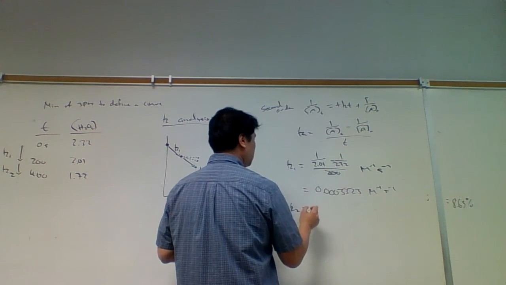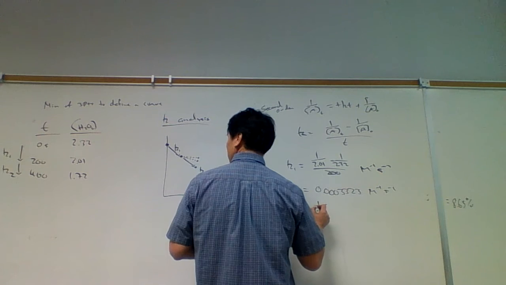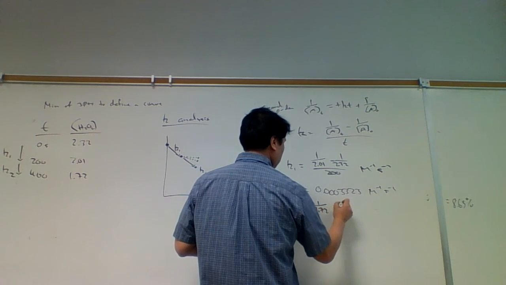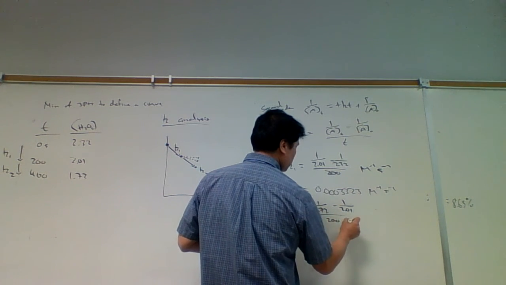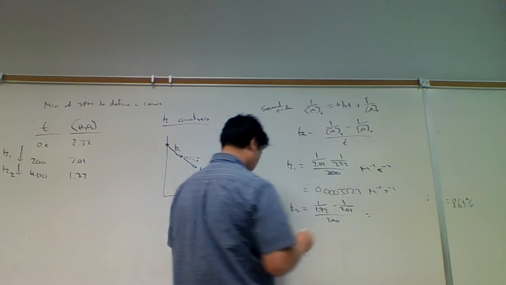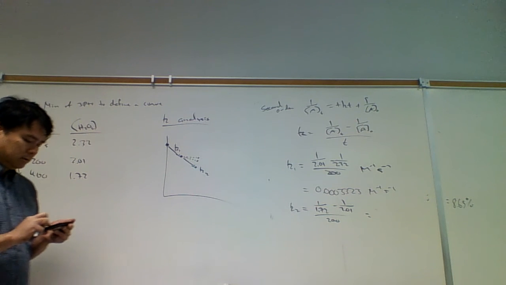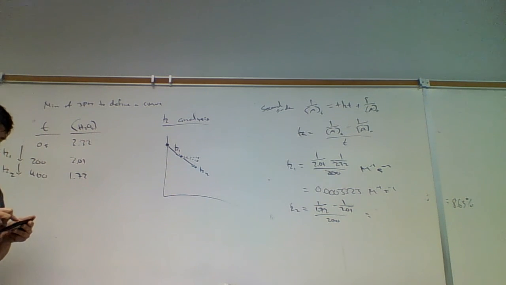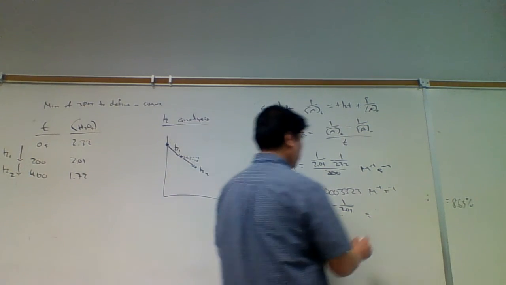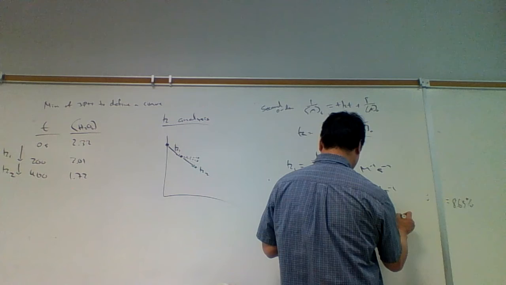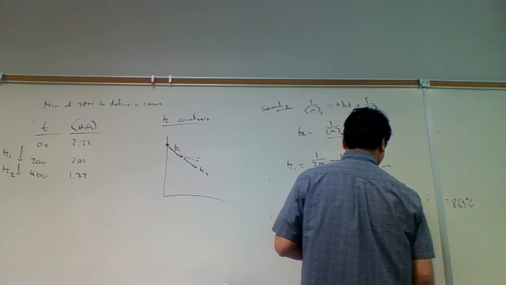Okay, let's look at the second interval here. The second interval is going to be 1.72, and 2.01 will be our start, and it's a 200 second interval. So 1.72 invert minus 2.01 invert equals, divided by 200 equals 0.004194.